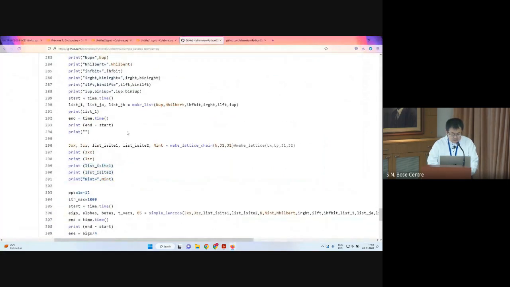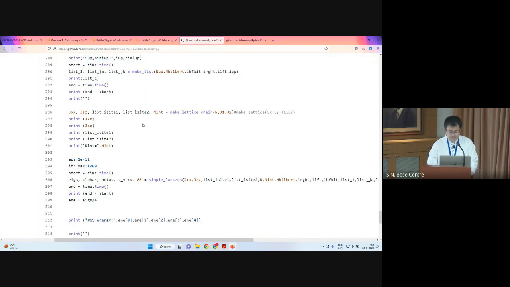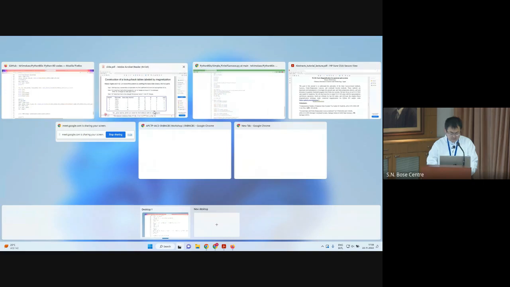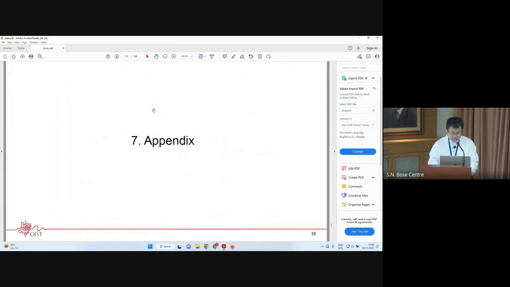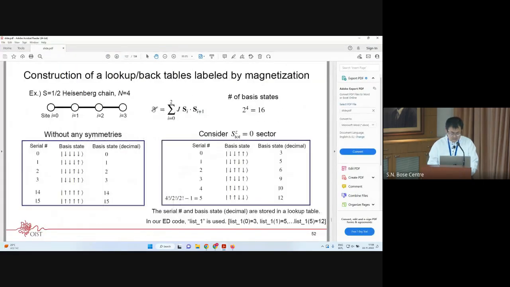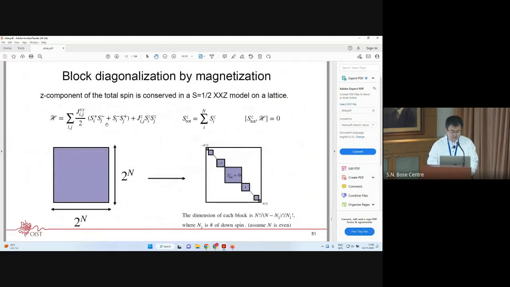After constructing list 1, list JA and list JB, next we will define the lattice. So we set the interaction between the spins, JXX and JZZ.